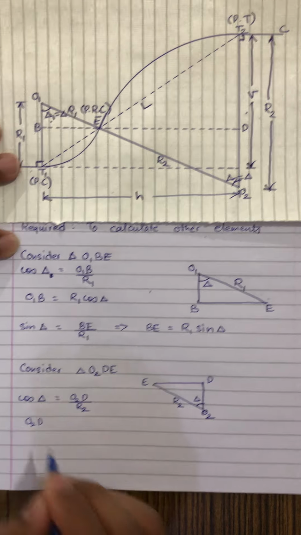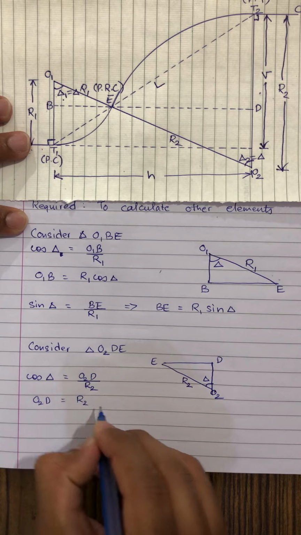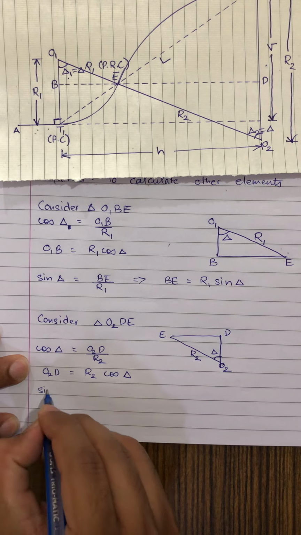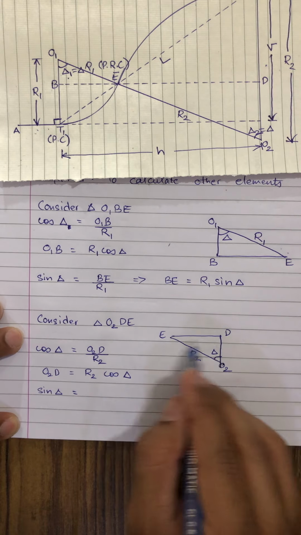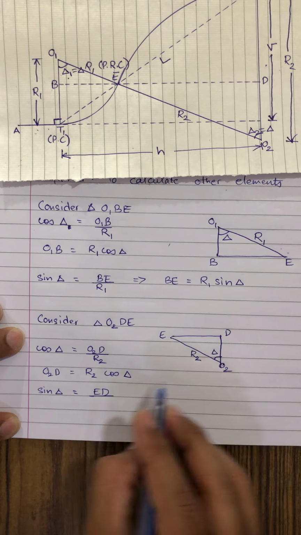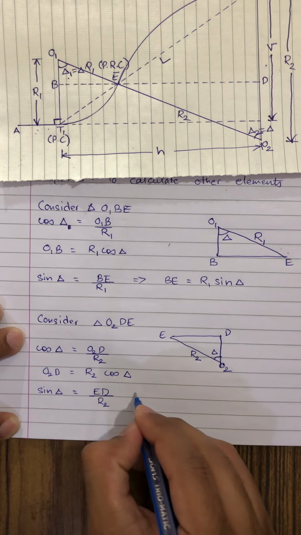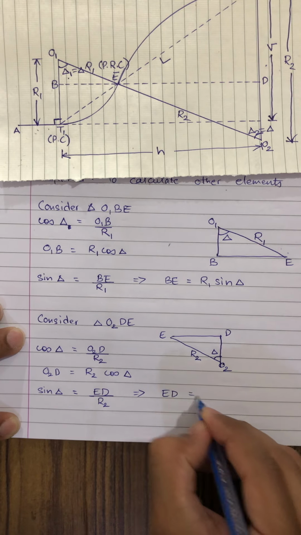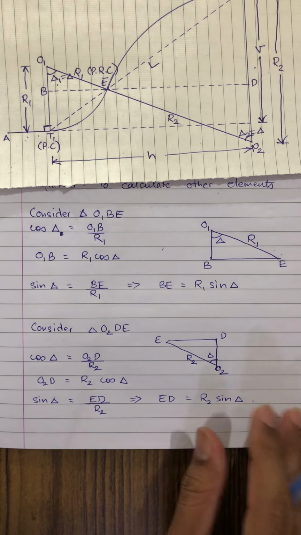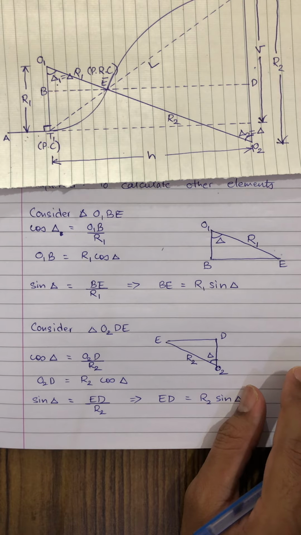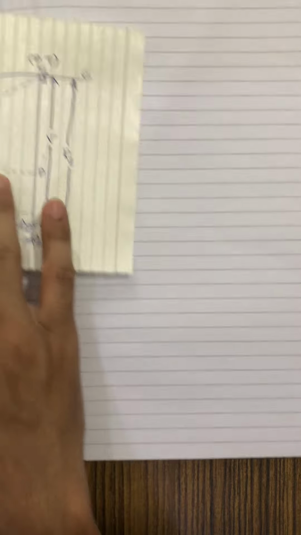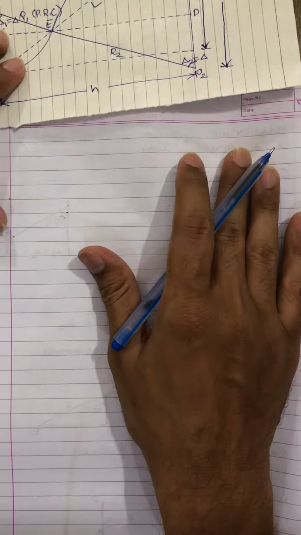So O2D will be equal to R2 cos delta. Also sin delta will be opposite upon hypotenuse, that is ED upon R2. So we get ED is equal to R2 sin delta. So these parameters we found out will be important in deriving the formulas.